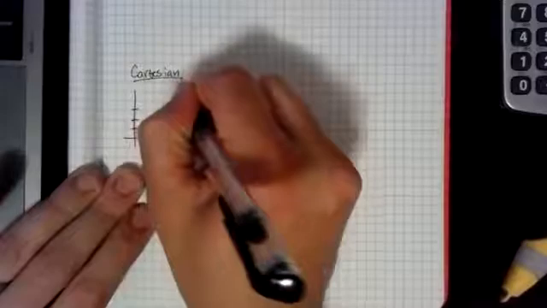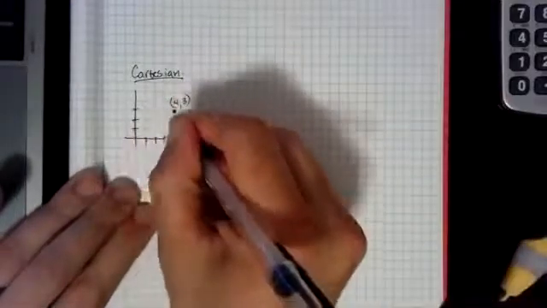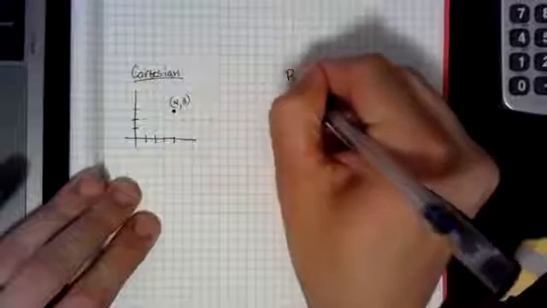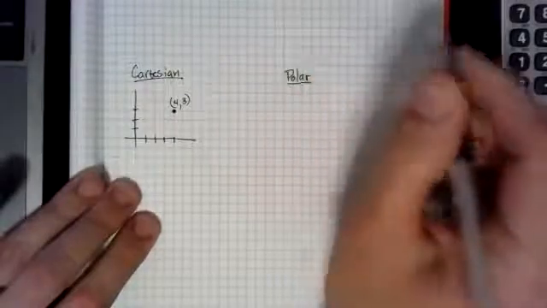So if we're looking at this point right here, it might be defined as (4, 3). And all that's saying is 4 units over, 3 units up. You guys are familiar with that. You've seen it plenty. We're going to look at polar coordinates.